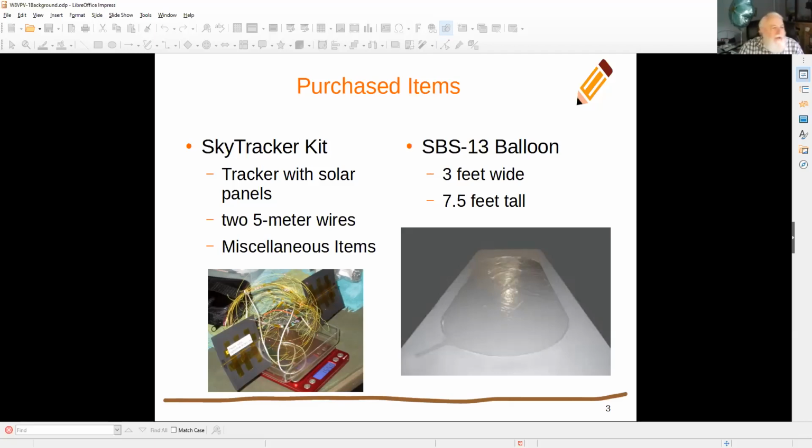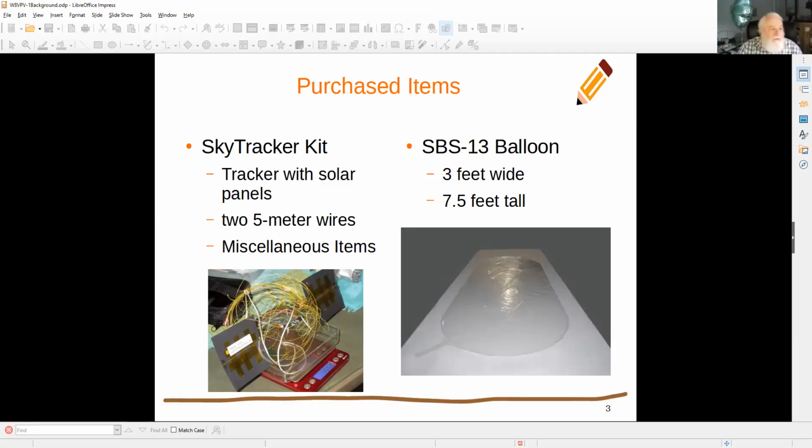It kind of looks like a dry cleaning bag, but it's much more rugged. I've been told, but I can't really confirm this, that the plastic used is the same plastic they use to wrap sushi. Anyway, the balloon is made by Scientific Balloon Solutions.